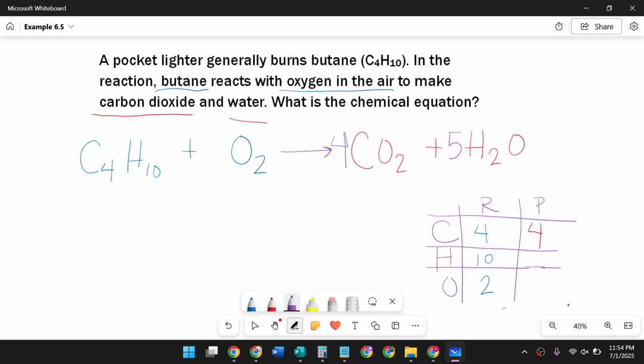So let's recount. So for hydrogen, we now have 10. And for oxygen, we have 4 times 2 is 8 oxygen in this one, and 5 oxygen in this one. So that means we have 13 oxygen.